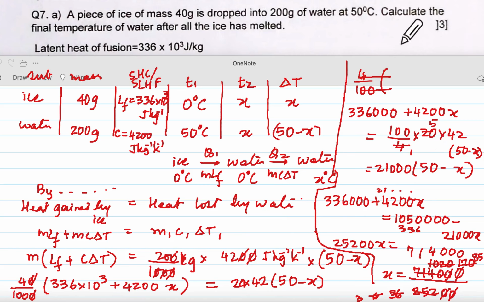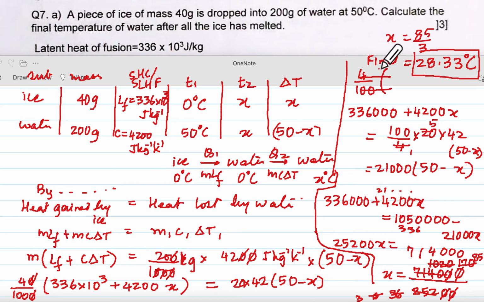What am I getting? X equal to 85 upon 3. This is 3 twos 6, 3 eights 24. Okay, this is the final temperature.